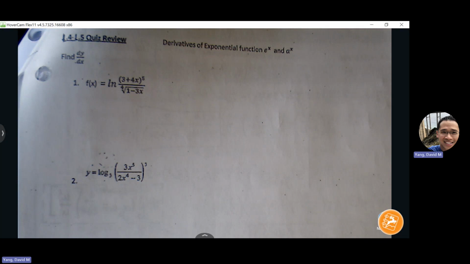We are asked to find the derivative, but is there anything that we can do before our derivative begins? Quotient. Yeah. So natural log of A over B can be expanded into natural log of A minus natural log of B. Try that step first.